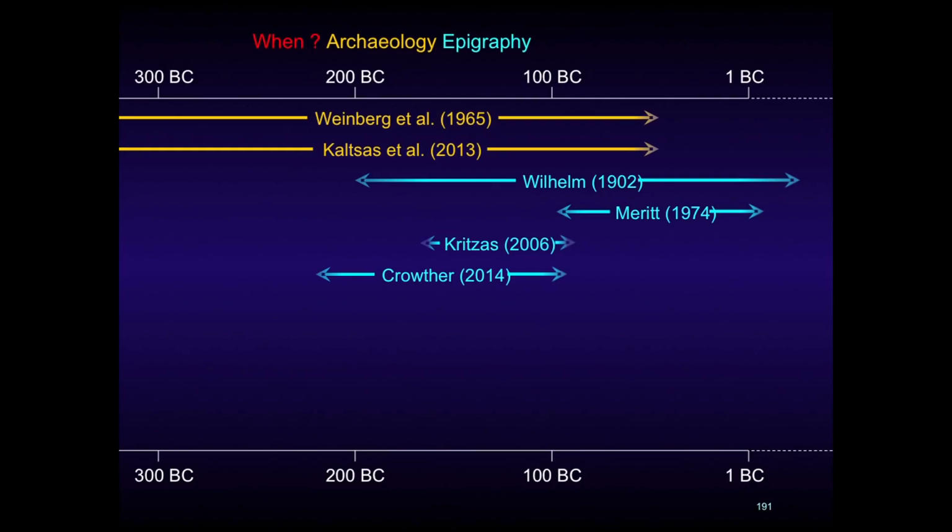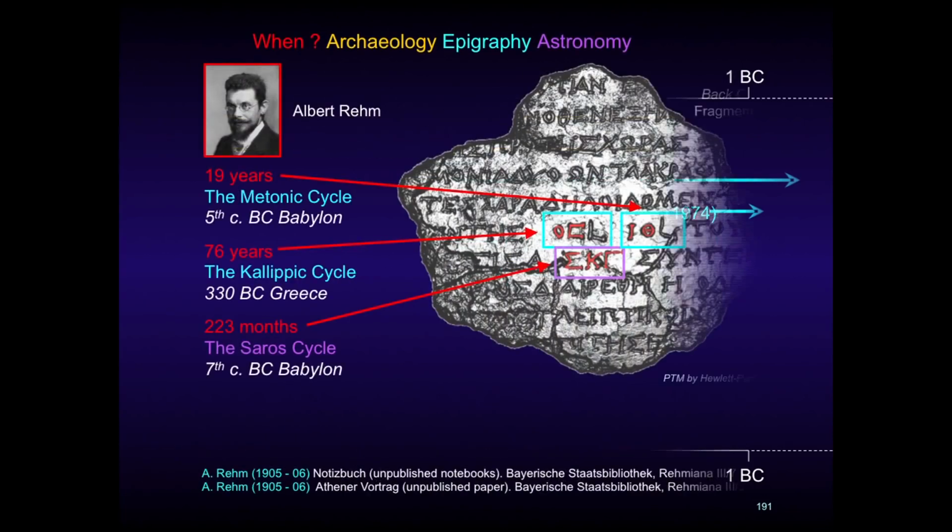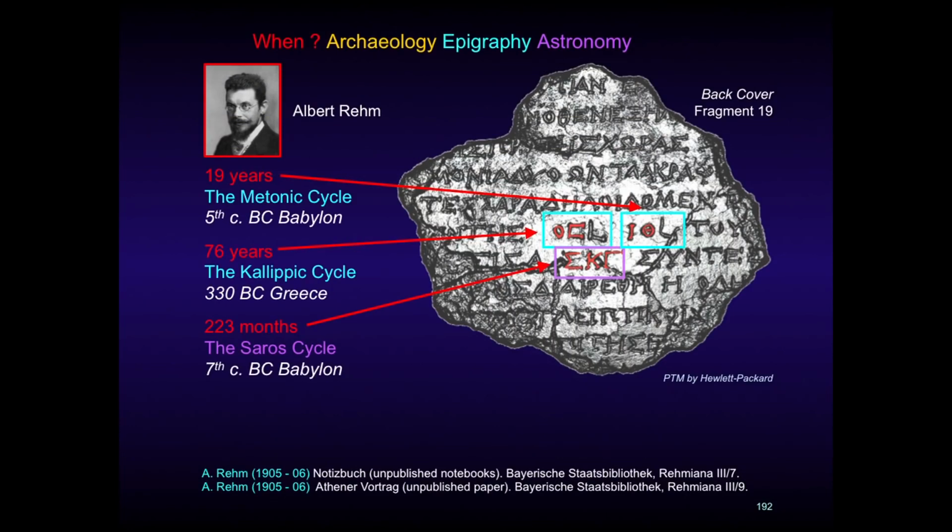Kritsas worked with our group and brought the date considerably earlier. And I've worked most recently with Charles Crowther, a brilliant epigraphist from Oxford University, and he's brought the date even earlier.